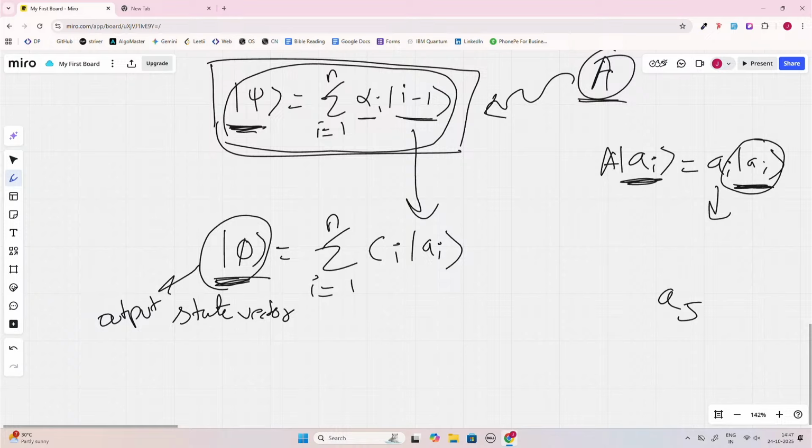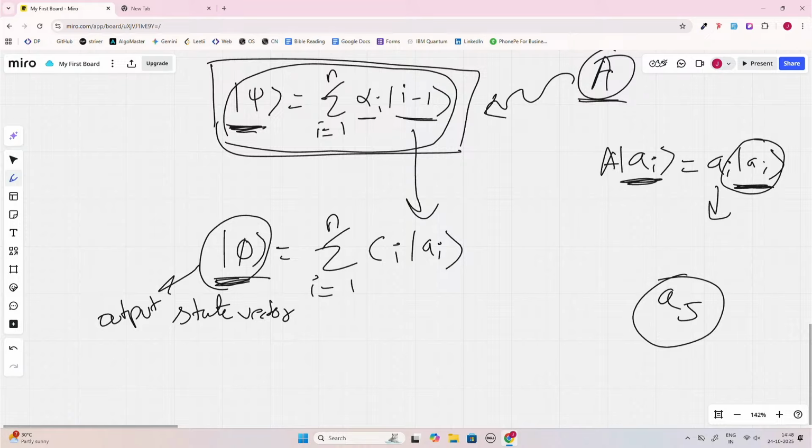Now, when I ask what is the probability of the output being A5, because the output vector is in a superposition state, I have the values with respect to everything. If I want to find the probability of the actual output being A5, then what will I be doing?